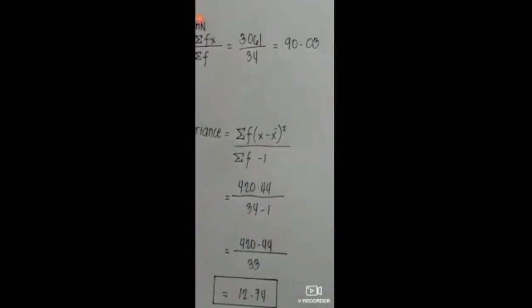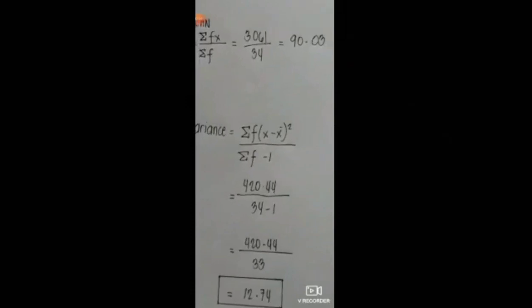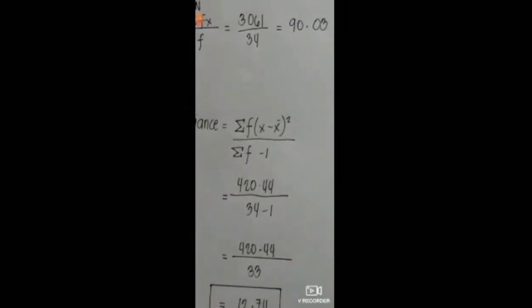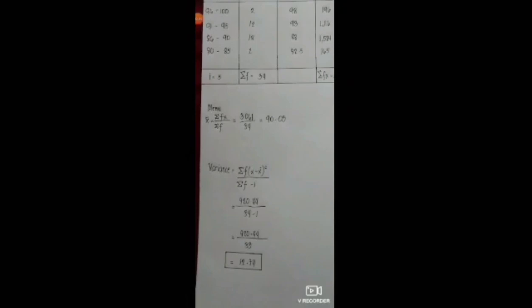The total is 420.44. For the variance, here is the formula: the summation of the product of the frequency and the square of the deviation divided by frequency minus 1. So we put here 420.44 divided by 34 for our frequency, and since we have minus 1 in our formula, 34 minus 1 equals 33.